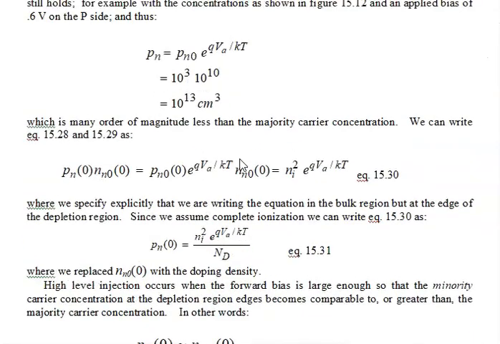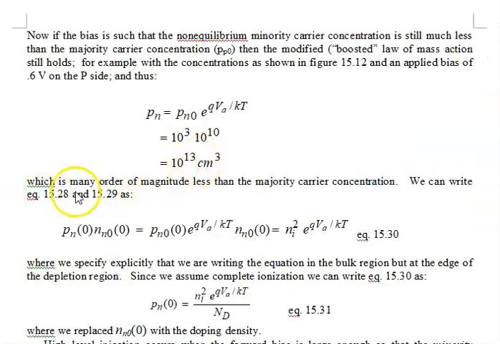Okay, now, before I go through that, that's basically what this equation says right here, 1530. It says that the minority holes at x prime equals 0 at the depletion region edge, multiplied by the majority electrons at equilibrium, and that's what we write here.